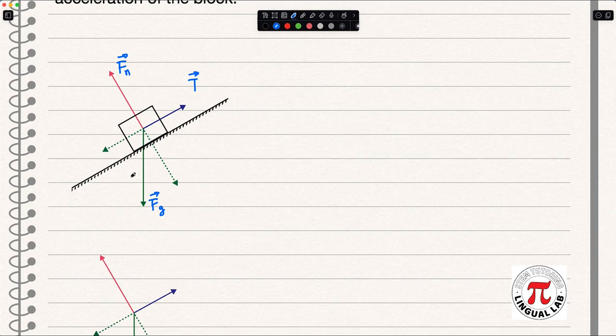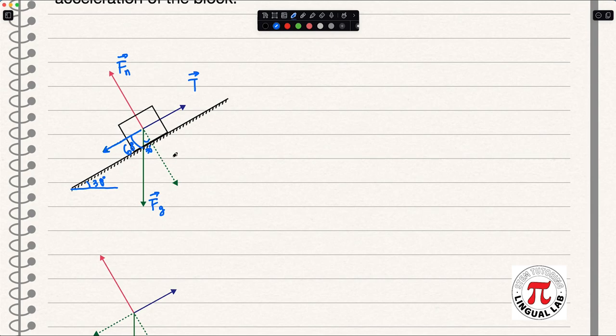This angle is originally said to be 30 degrees. That means this angle is 30 degrees and this one will be 60 degrees. We are calculating this component.